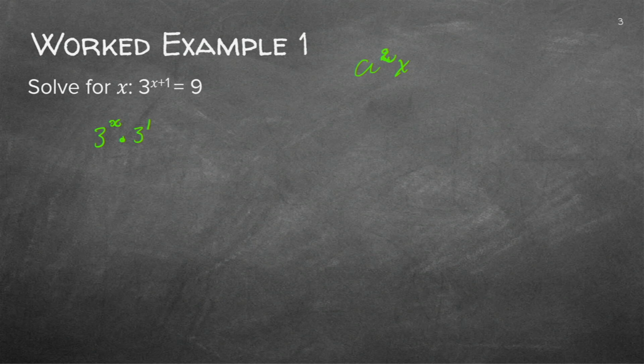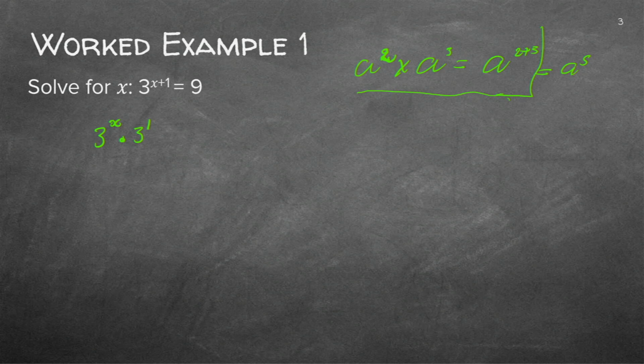If you have a to the power of 2 times a to the power of 3, you say this is a to the power of 2 plus 3, which is the same as a to the power of 5.